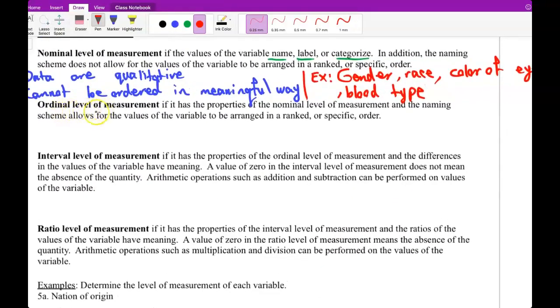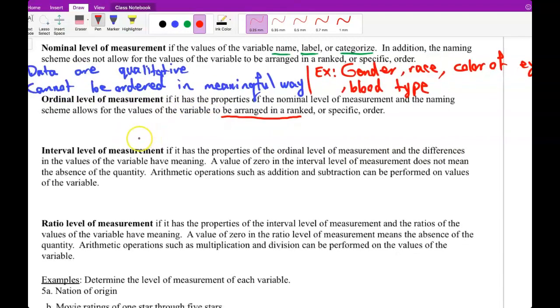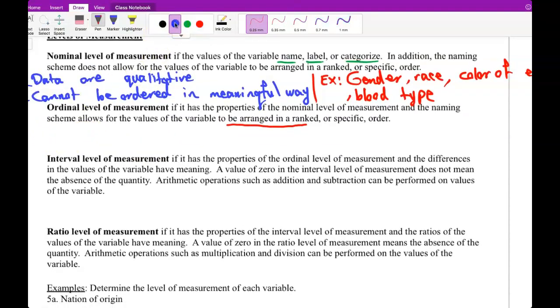Okay, next one is ordinal level of measurement. It has the properties of nominal level of measurement and, here, we can arrange them. So on top I said cannot be ordered, but here we can order.